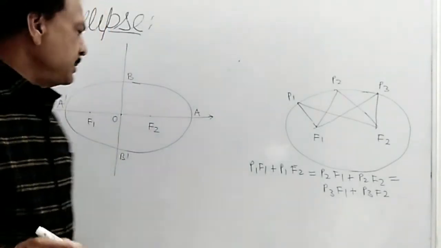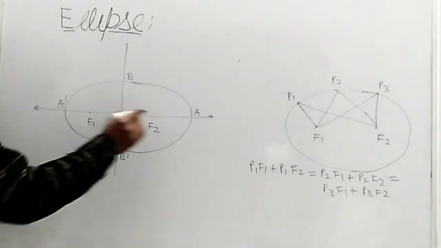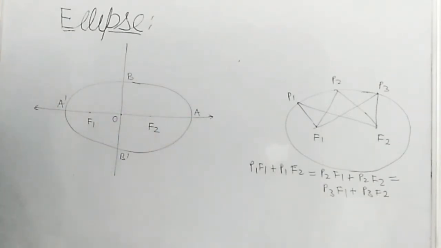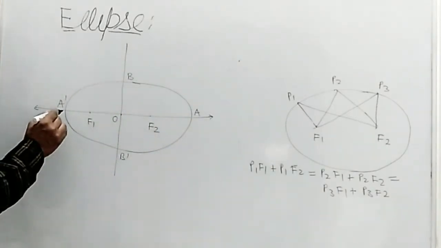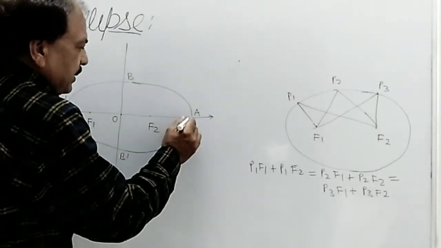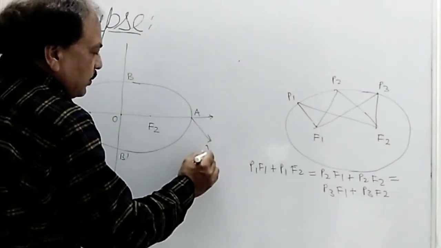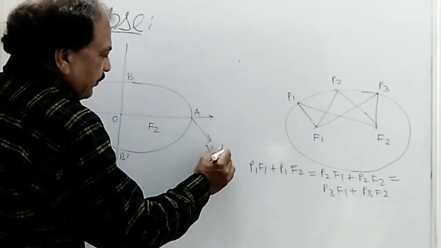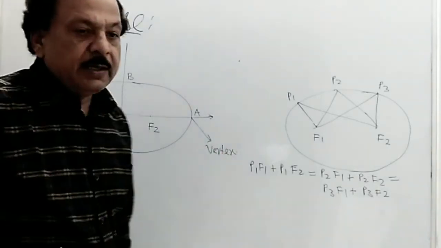So now these two, A and A dash, will be known as the vertices of the ellipse.